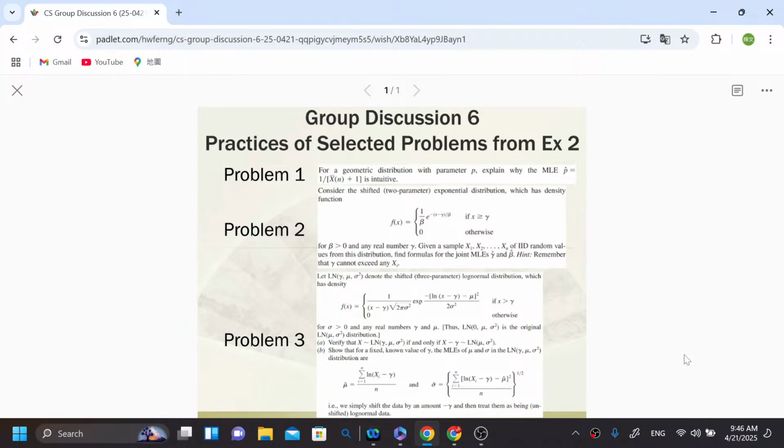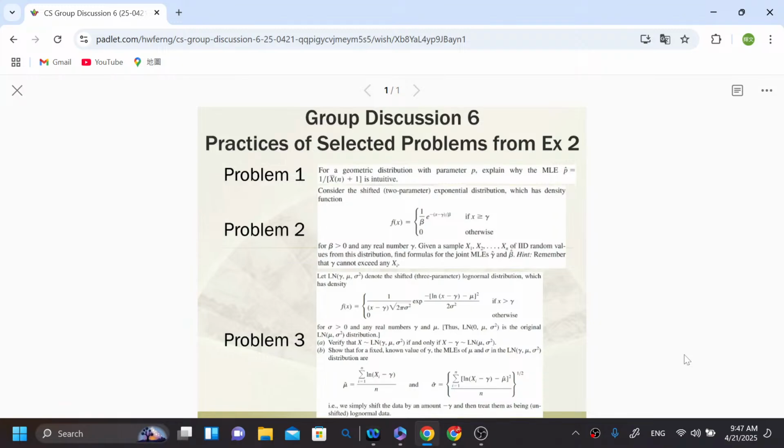And group 2? Yes, possible. Ready for one of the three problems? Problem 1, 2, 3? Any possible solution? 1, 2, 1.